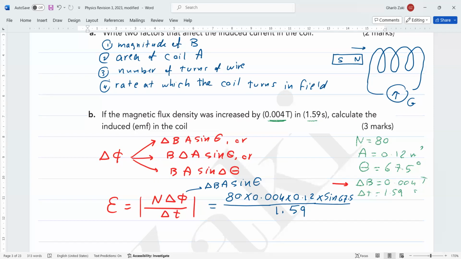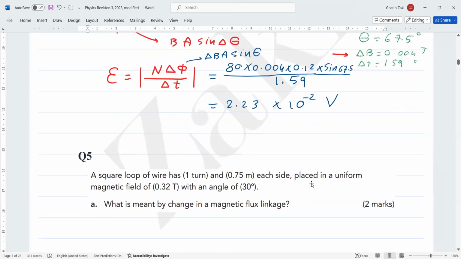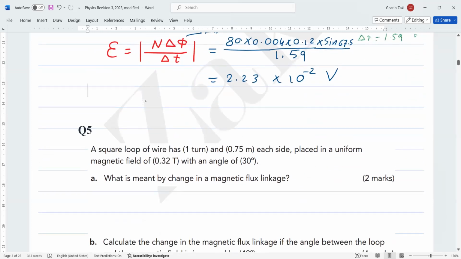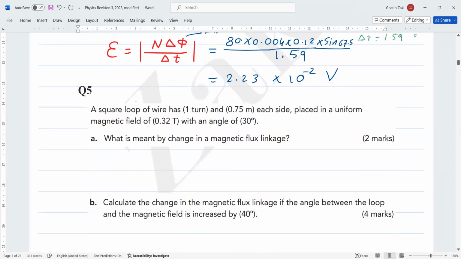The answer of this is 2.23 multiply 10 to the power -2 volt. Now, next, read the question, be careful, and then try to solve.